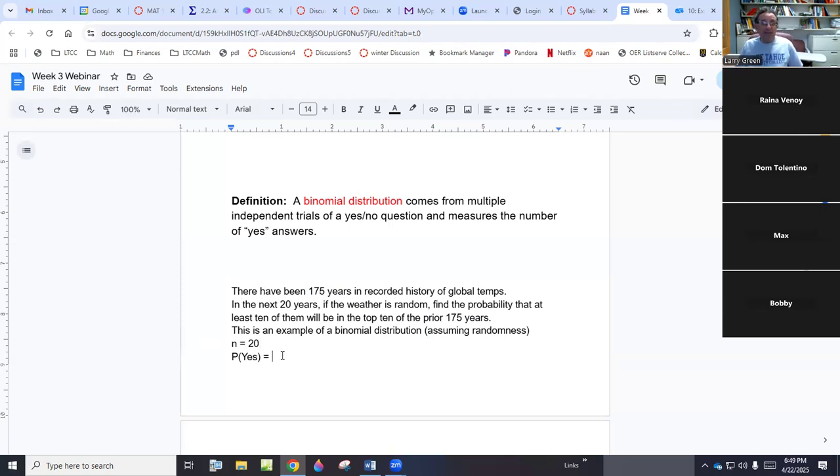And the probability of being in the top 10 will be 10 out of 175. That's the probability of being in the top 10 of the last 175 years. Any questions at all on finding N and P?